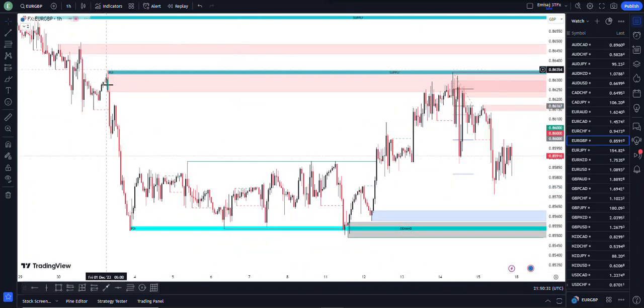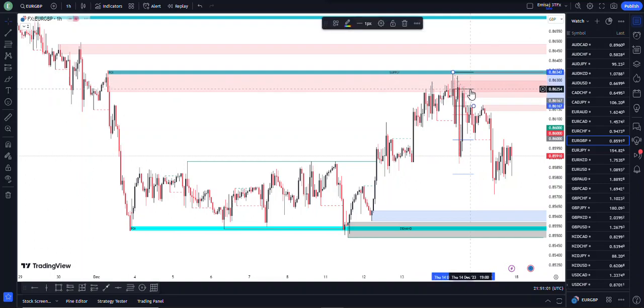Then we want to see a break of structure, and immediately after that break of structure, we don't want to see another structure being broken until price pulls back into the supply or demand zone. The opposite of this sell is the buy, but I don't have any example for a buy right now, but just watch out and you will get some examples.